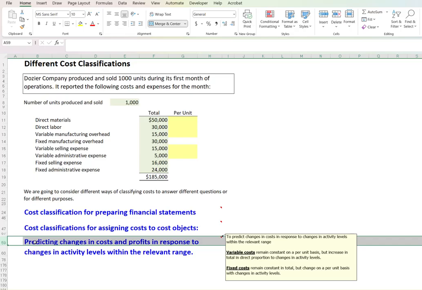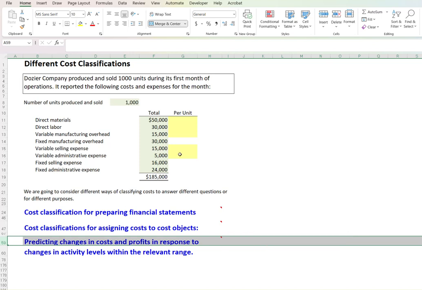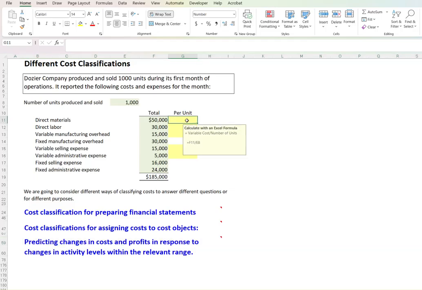And recall, fixed costs will remain constant as long as we are operating within our relevant range, where variable costs will increase as our level of production goes up, and variable costs in total will decrease as our level of production goes down. Keep in mind, though, our variable cost per unit always remains constant.